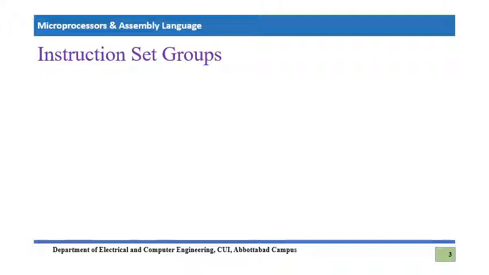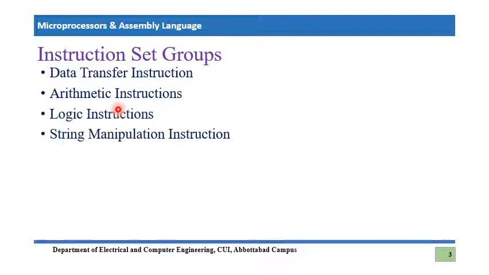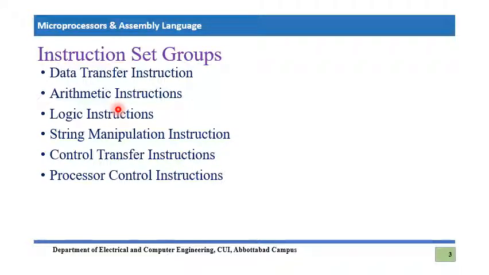So in the last slide we learned that there are different groups of instructions within one instruction set. So let's see what those groups are. Data transfer instruction set, arithmetic instruction set, logic instructions, string manipulation instruction, control instructions, process control instructions.